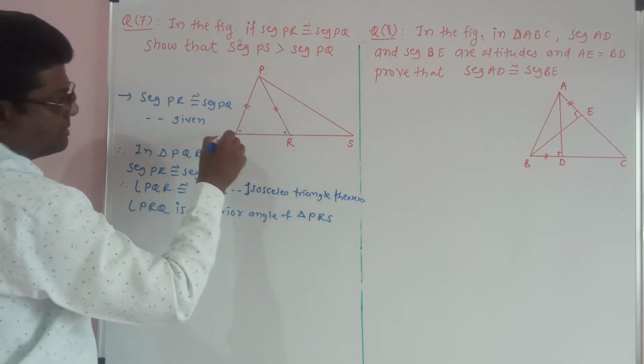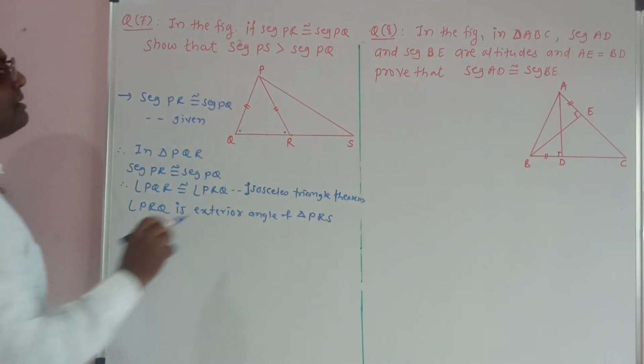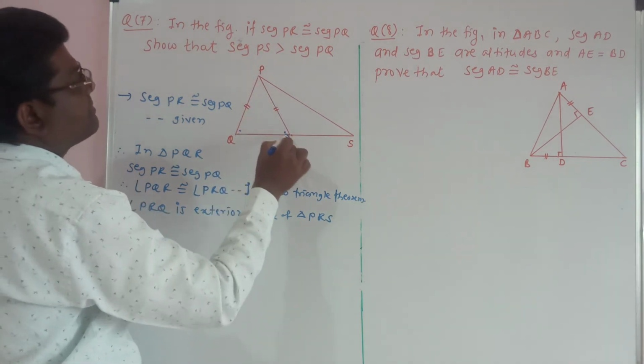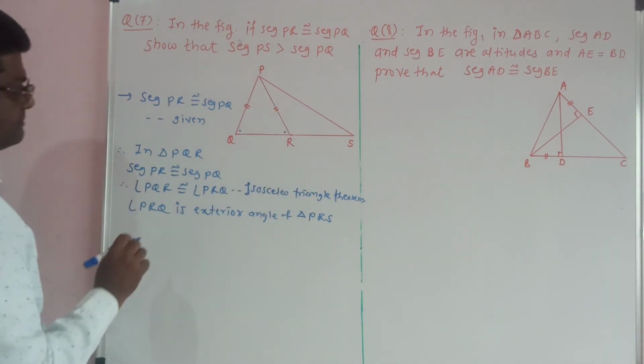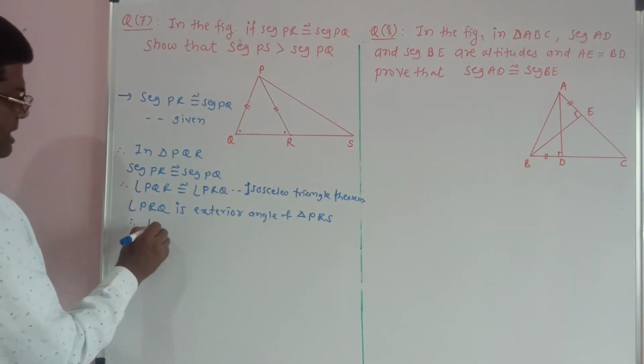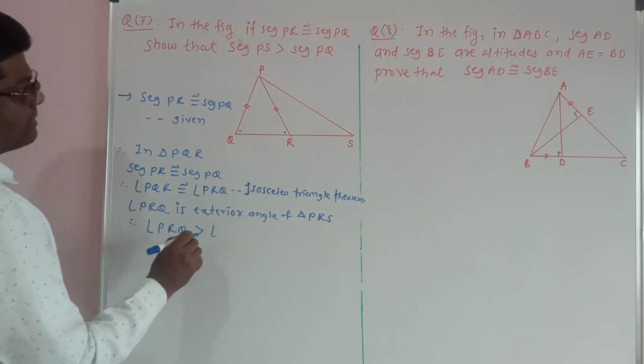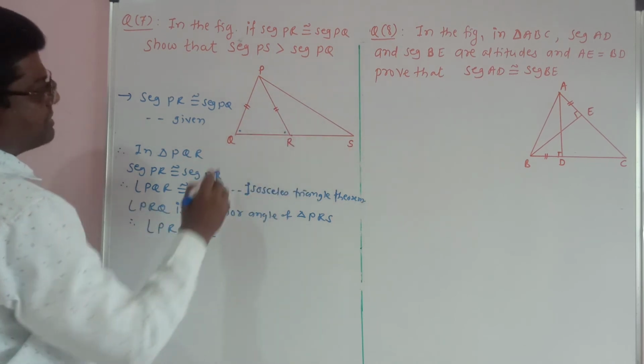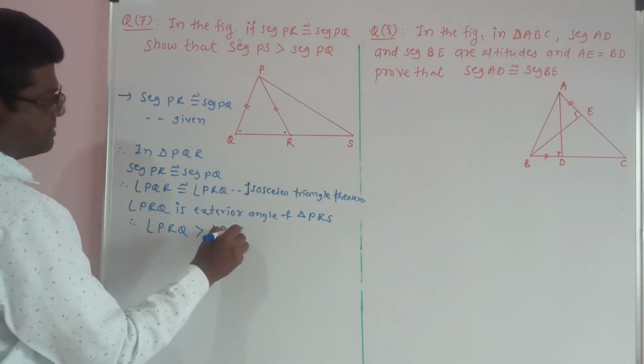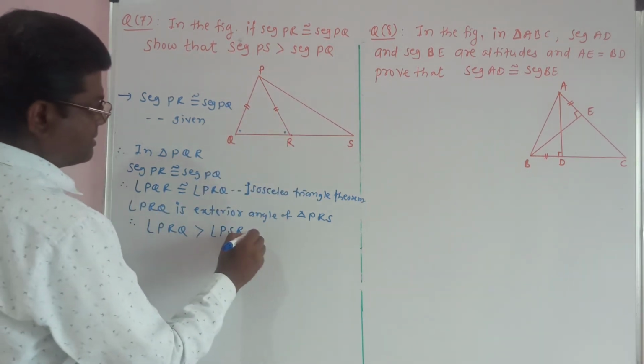Angle PRQ is exterior angle of triangle PRS. Therefore, angle PRQ greater than angle PSR.